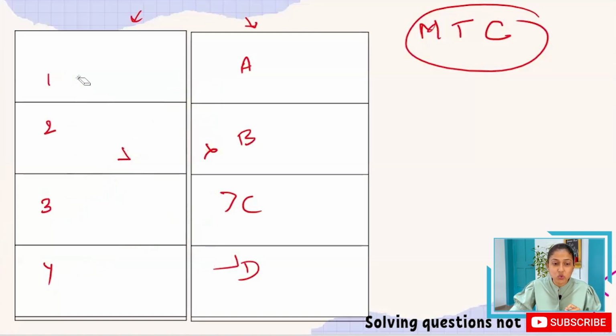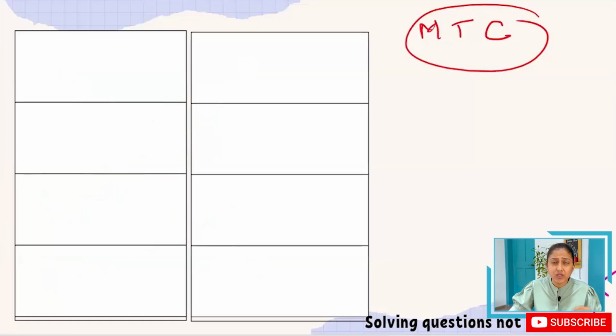Now, if you have solved a list of headings or finding information or matching the names with the features, you must have noticed that your passage is 1 column, wherein the labeling is A, B, C, D, likewise. And in your question, there is another column, which is question number 1, 2, 3, 4, likewise.